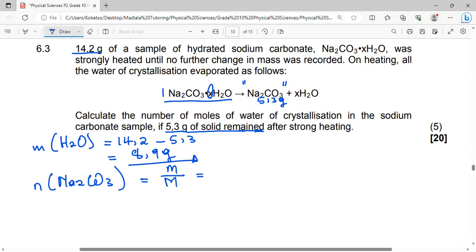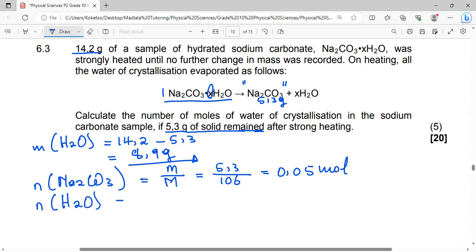So we know the mass of this is going to be 5.3 grams, and this is divided by the molar mass, which is just going to be 106. We calculated it previously. So if we press it, we realize the number of moles will just be 0.05 moles, like that.